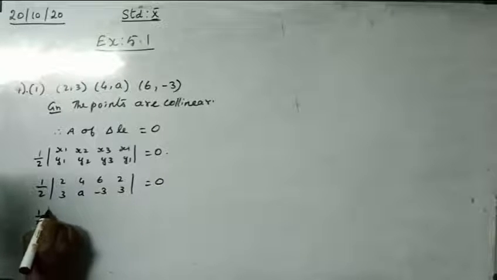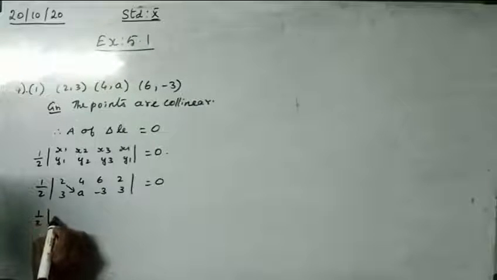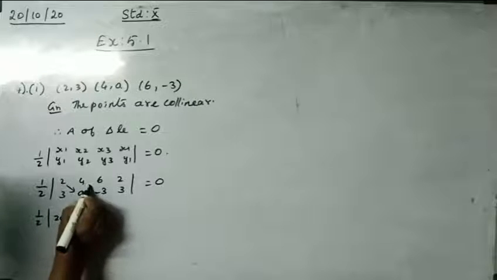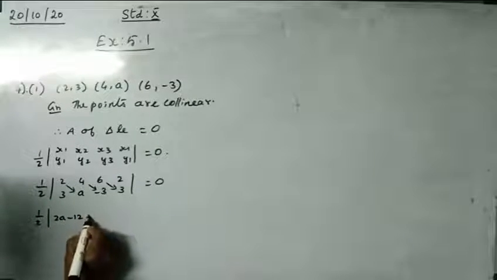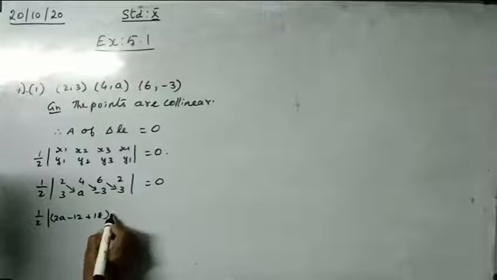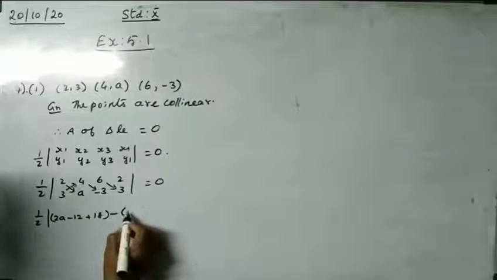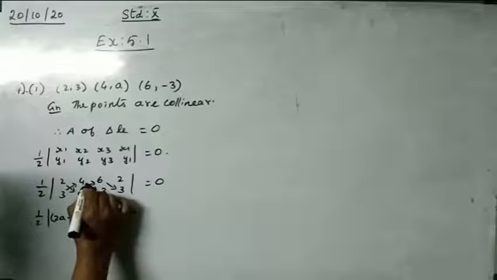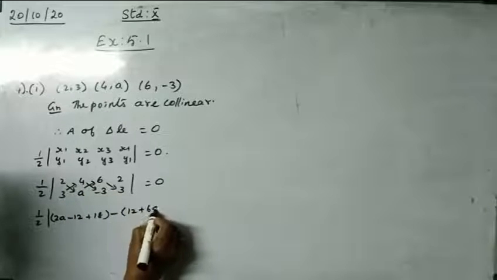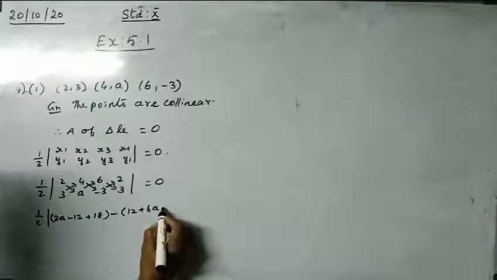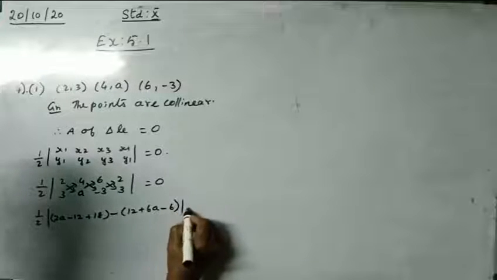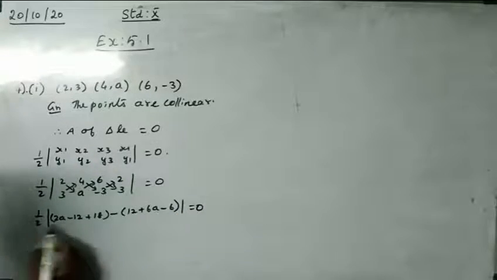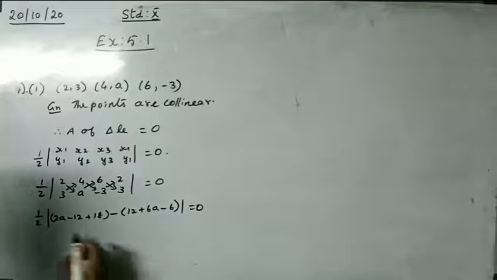So 1 by 2 modulus of: multiply, 2A, 4 into minus 3 is minus 12, 6 threes are 18, plus 18 minus 3 fours are 12, A into 6 is 6A, plus 6A, minus 3 into 2 is minus 6, equal to 0. Bring this to that side, so it becomes 0.